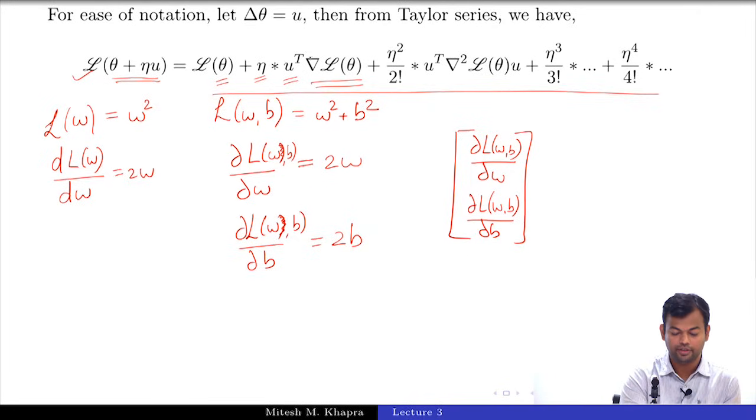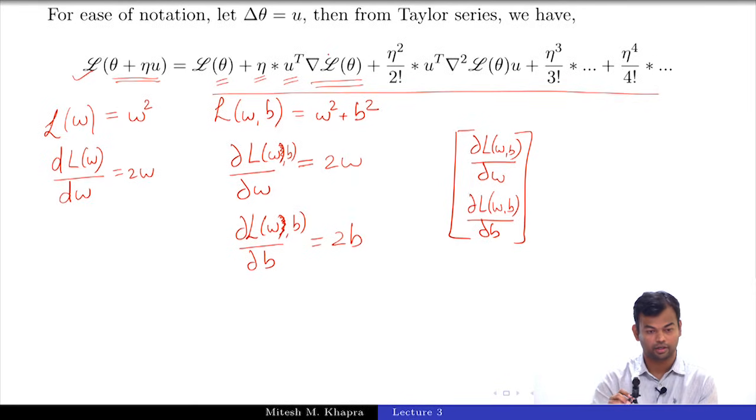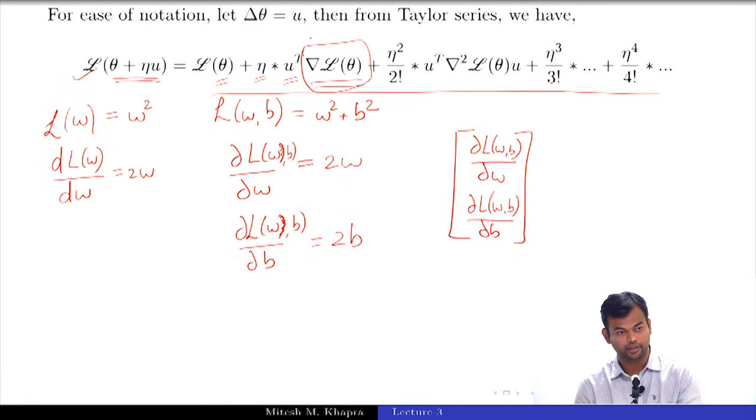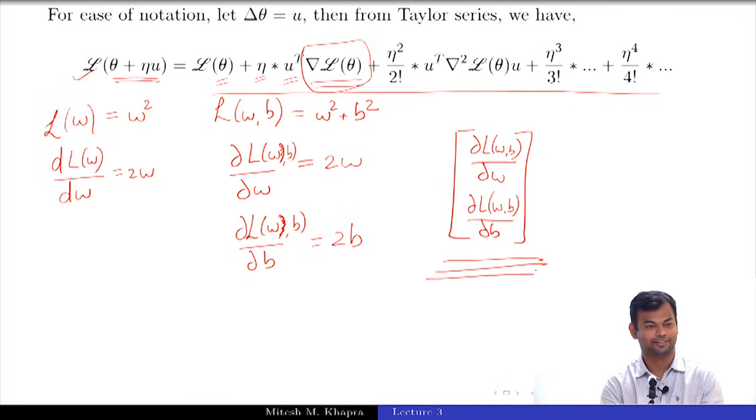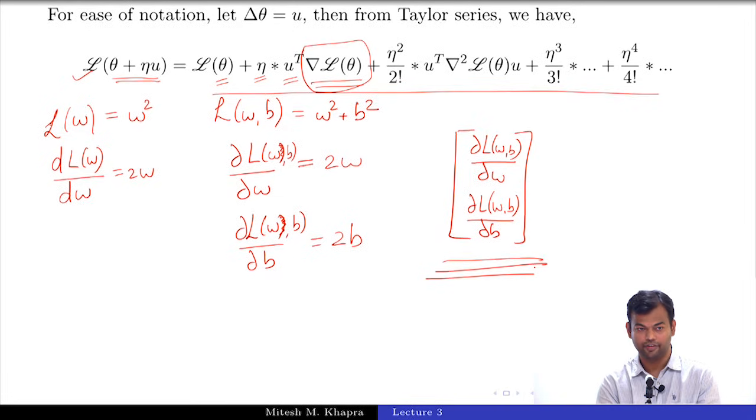Okay. So now with this primer, can you tell me what this is? This is a gradient vector which is right there in front of you in red ink. Fine? Everyone okay with that?